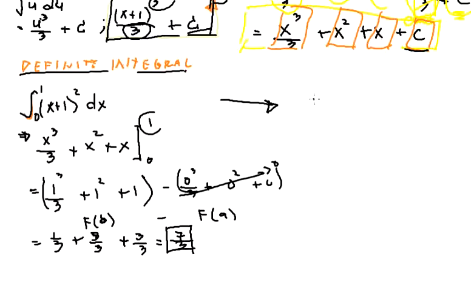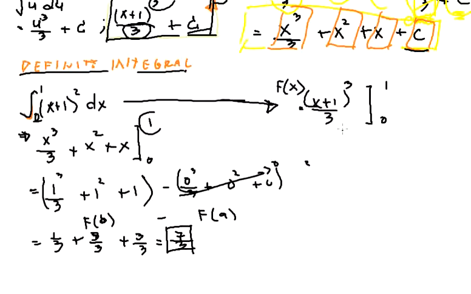So we have (x plus 1) cubed over 3, and our limit again is from 0 to 1 to compare it. So this is now our integral.